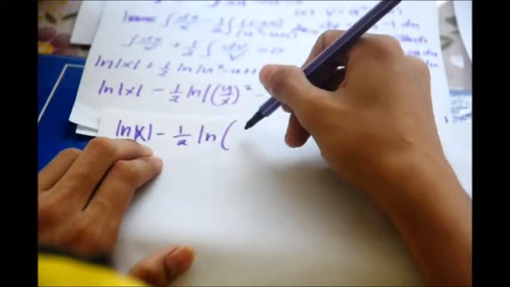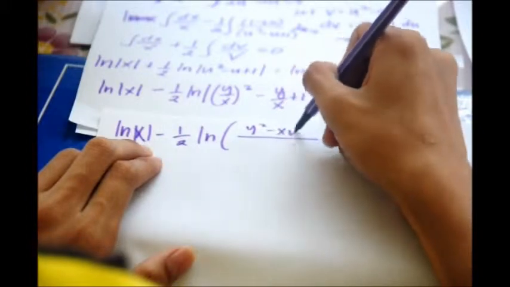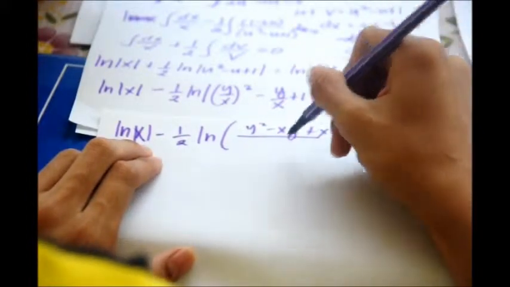By simplification, we get y squared minus xy.